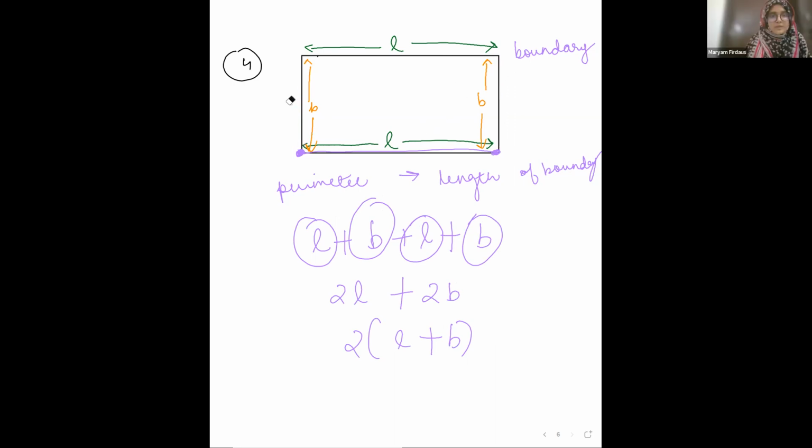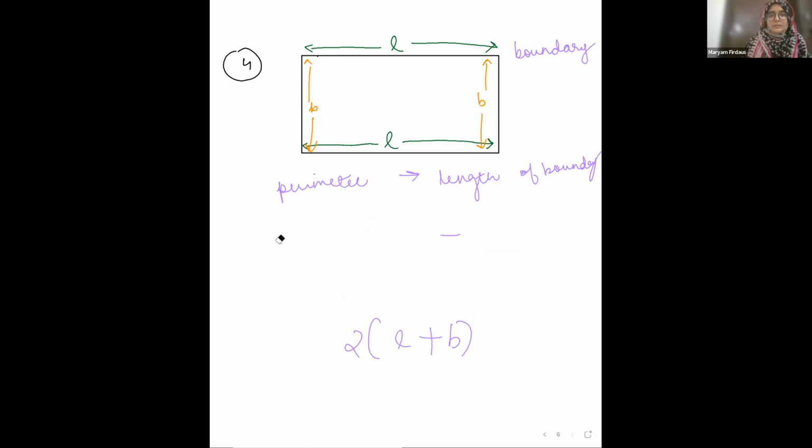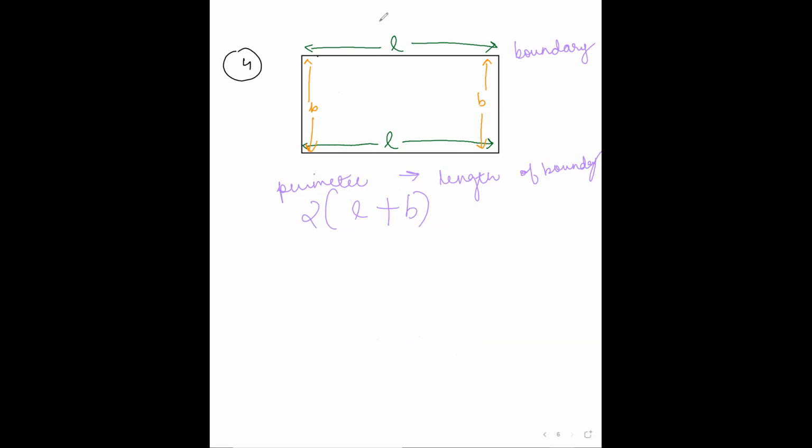All right. So now let's see the question. The question says a rectangular sheet of paper is 12.5 centimeters long and 10 2/3 centimeters wide. Find its perimeter.